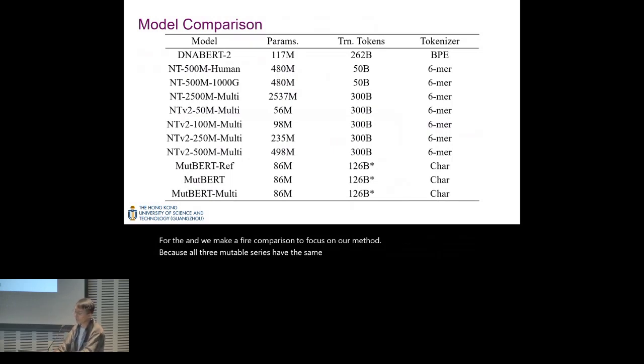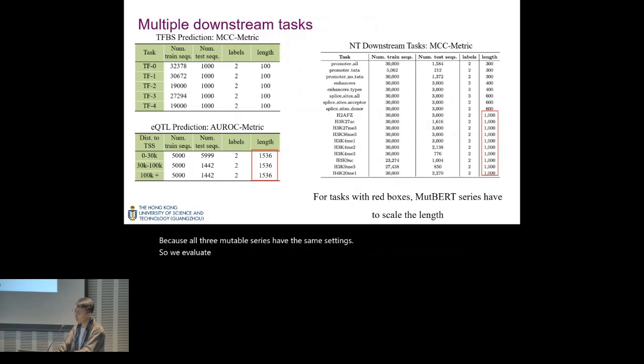We evaluate our models on multiple downstream tasks spanning transcription factor binding site prediction, five data sets, NT downstream tasks, 18 data sets, and eQTL prediction. And it has three distance bins.